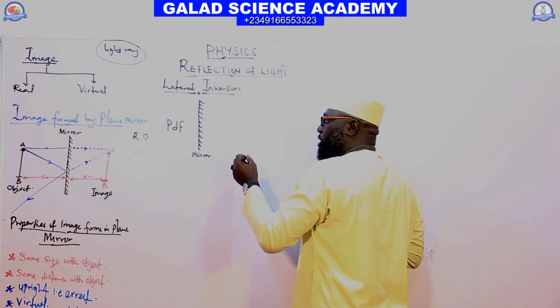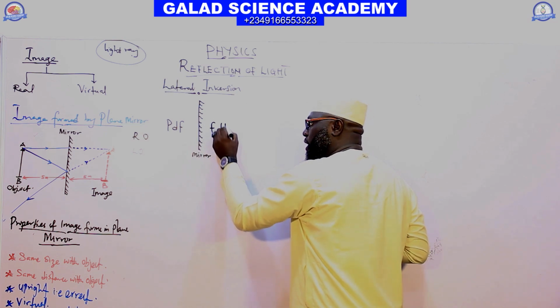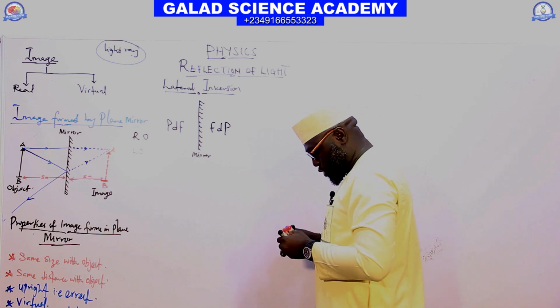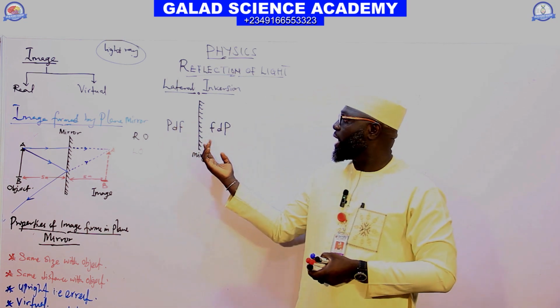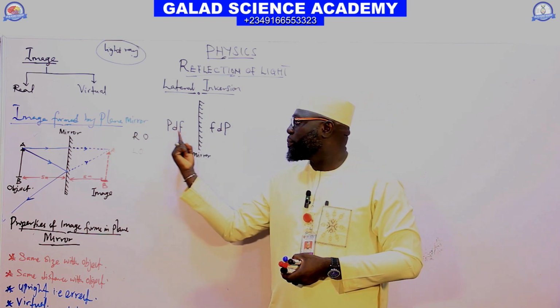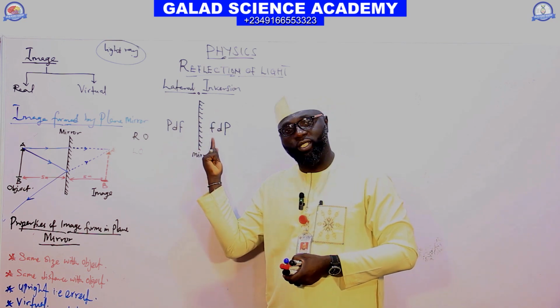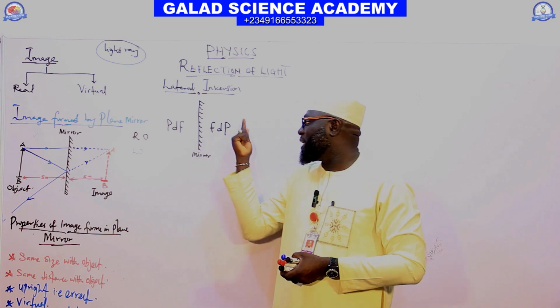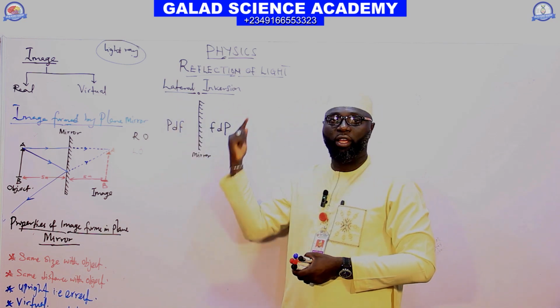You will see FDP. So this is PDF, with P first there. But in the image formed, F comes first, followed by D, and P is the last alphabet. It's called lateral inversion.